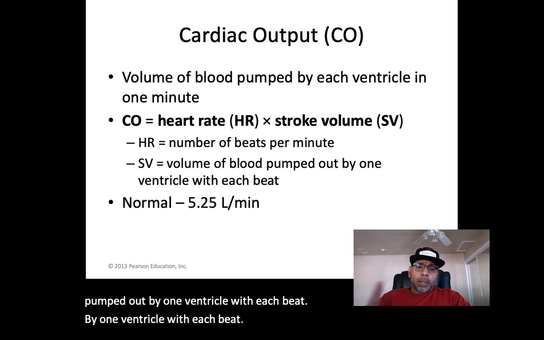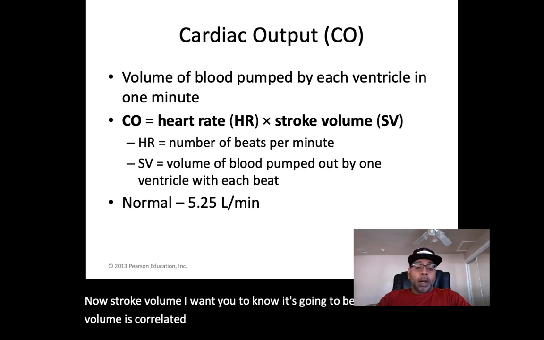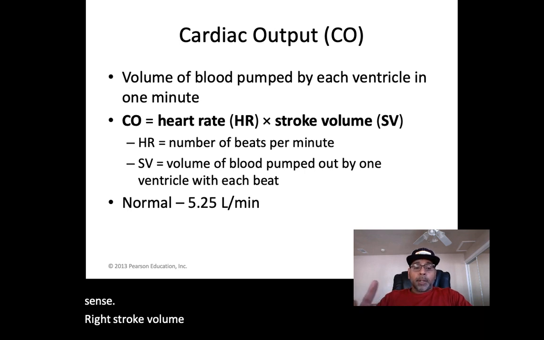Now, stroke volume, I want you to know, is correlated with the force of ventricular contraction. That makes sense, right? Stroke volume is correlated with the force of ventricular contraction.